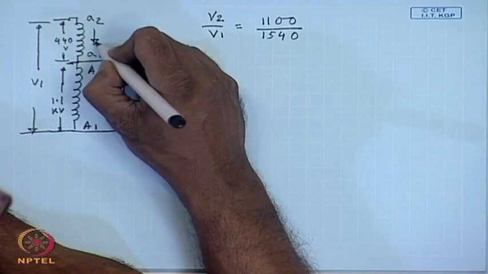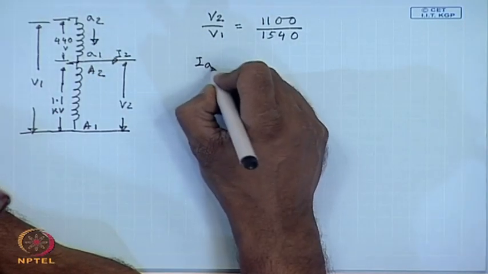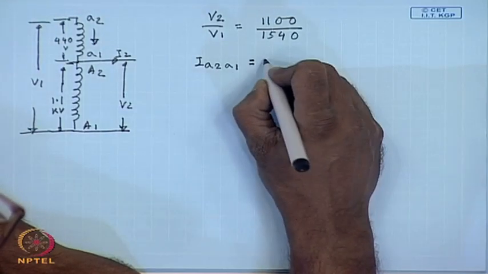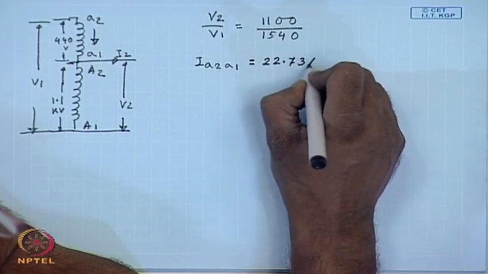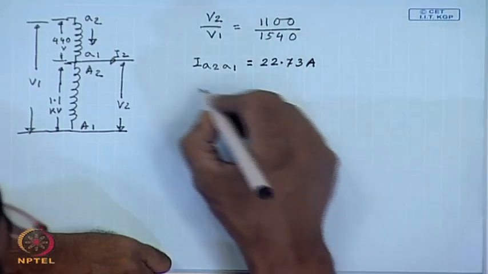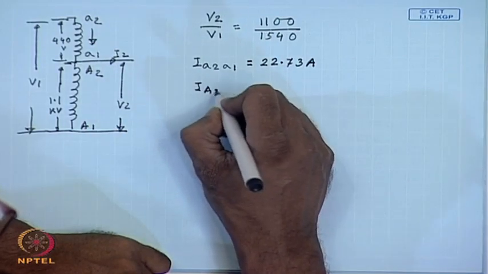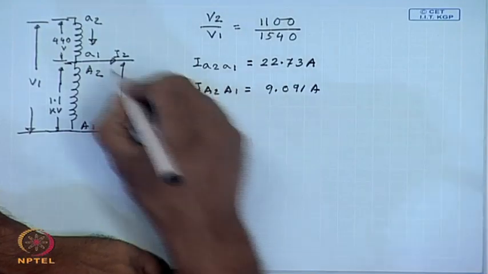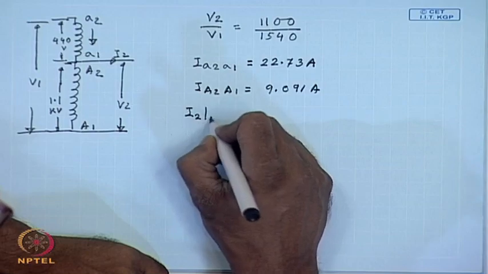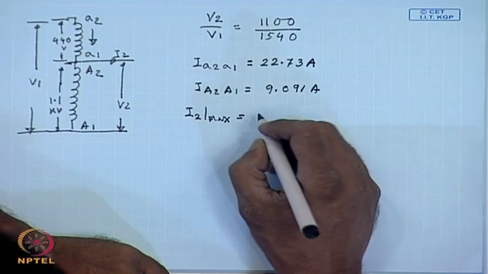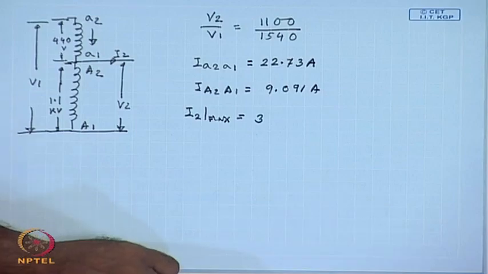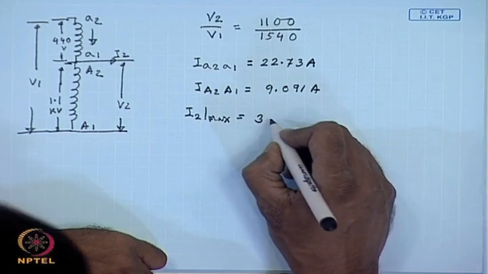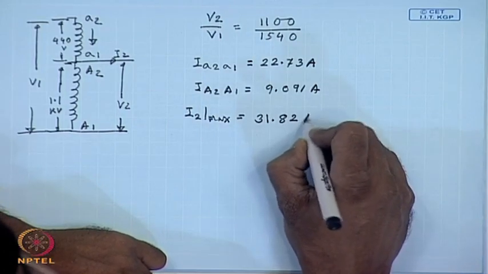Similarly, the current carrying capacity I_a2a1 is equal to 22.73 amperes, whereas the current carrying capacity I_A2A1 is 9.091 amperes. Hence, I2 max in this case also is equal to 31.82 amperes.